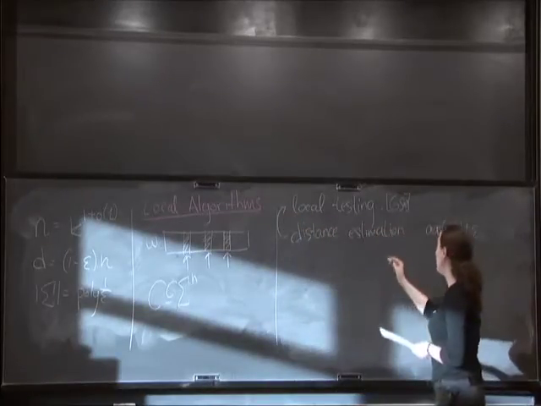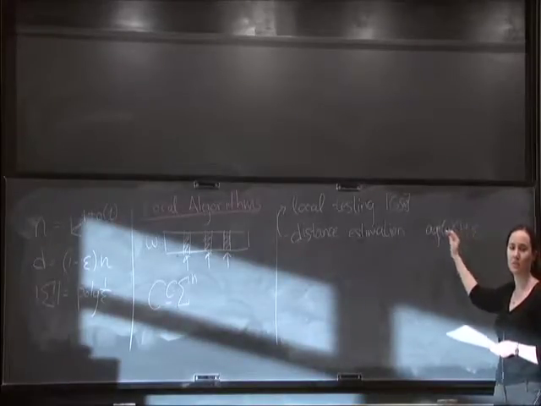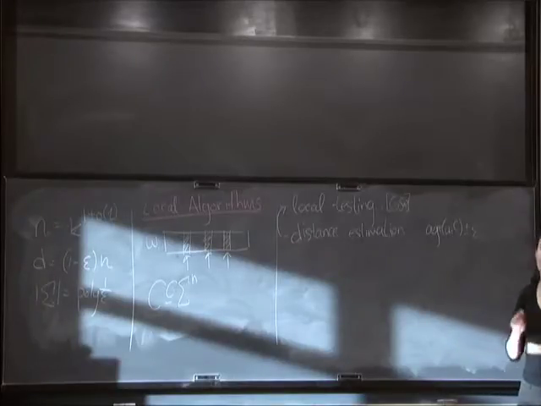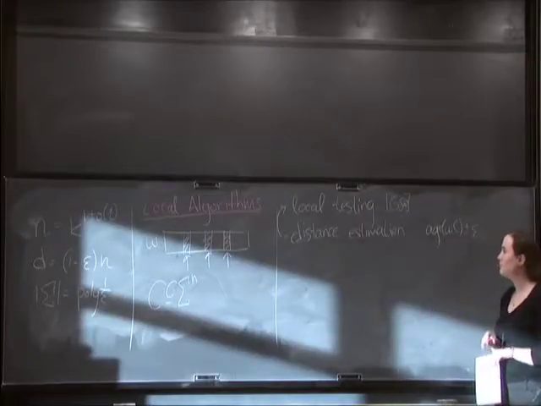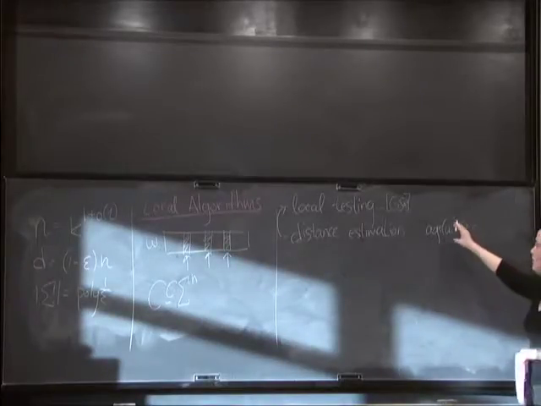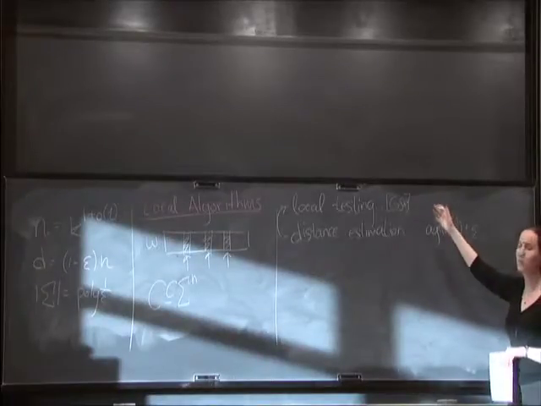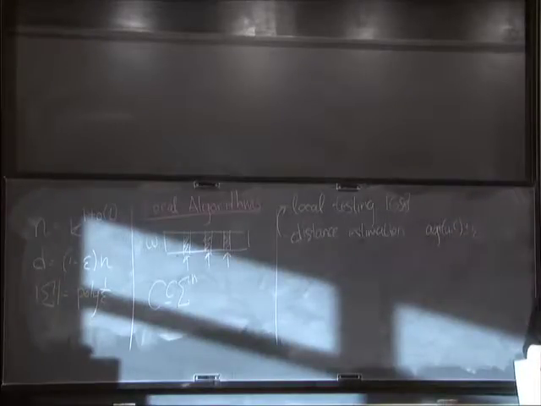If you can estimate the agreement, it doesn't matter if we're talking about additive approximation, it doesn't matter if I talk about the distance or the agreement. I'm used to talking about the agreement for all kinds of reasons. So if you have a very good estimate of the agreement, then of course you can do local testing. You can know whether the word is in the code or far from the code.